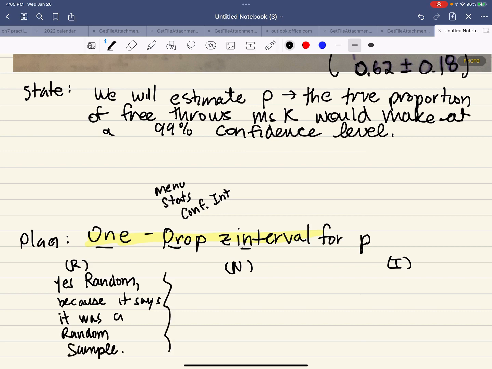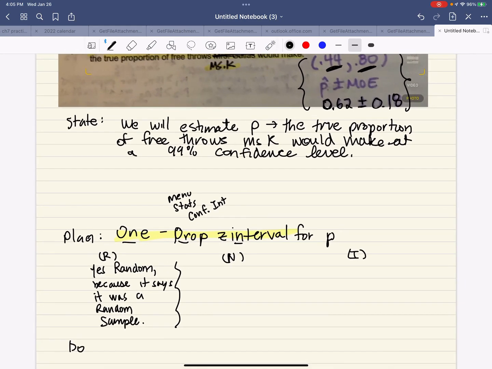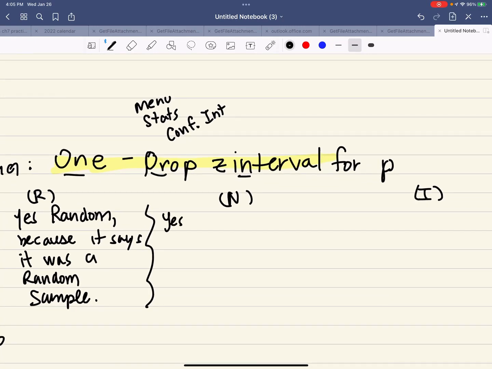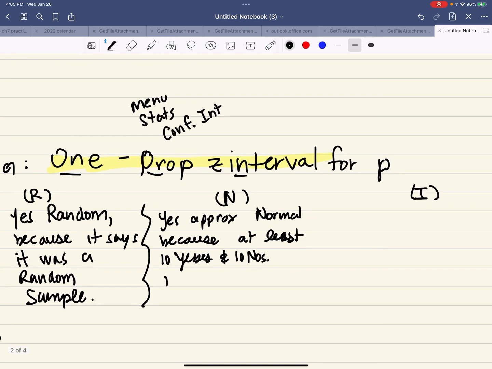Okay, easy enough. Normal. Do I have normal? Did I ask her to take enough shots? I'm going to say yes, it's approximately normal, my sampling distribution, because I have at least 10 yeses and nos. What do I mean by that? n times p hat is greater than 10, and n times 1 minus p hat is greater than or equal to 10.